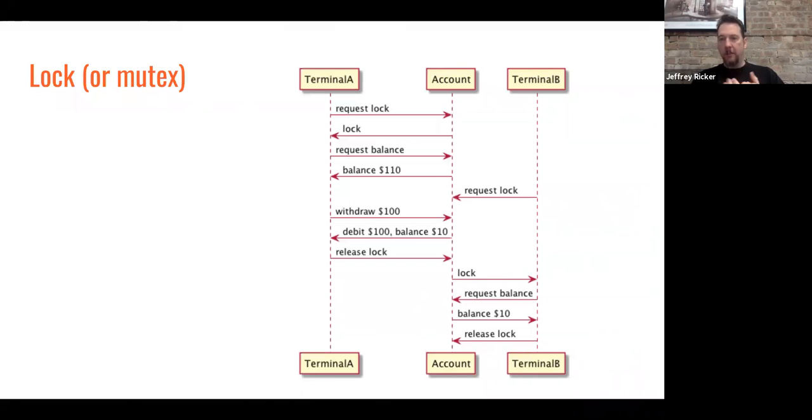So I can complete my transaction while terminal A may start its transaction during the period of mine, but can't do anything until I release the lock, and then terminal B can start its process. Right then, my wife will not overdraw because she's going to know that there's only $10 in the account.